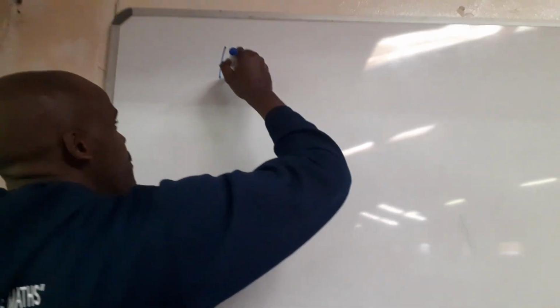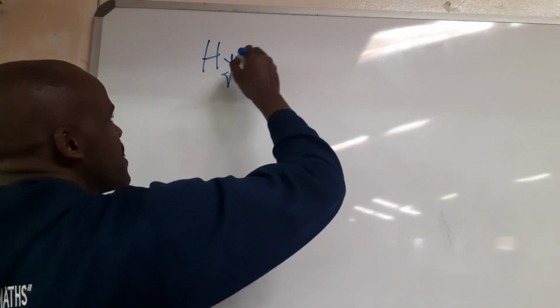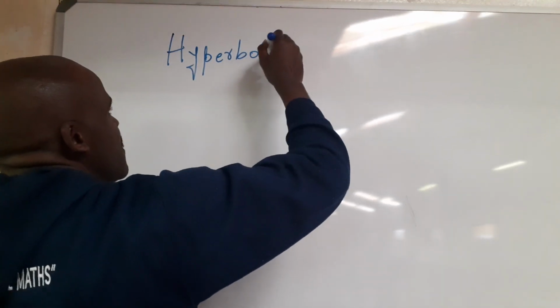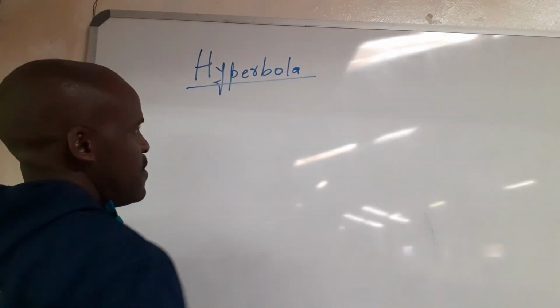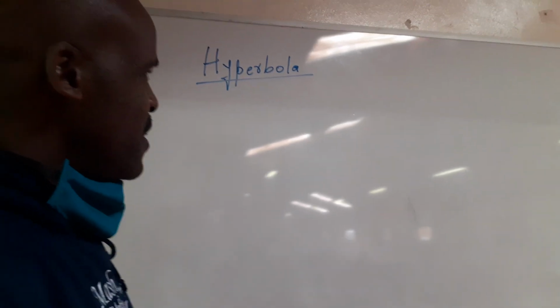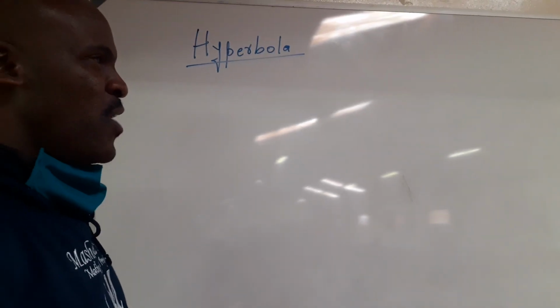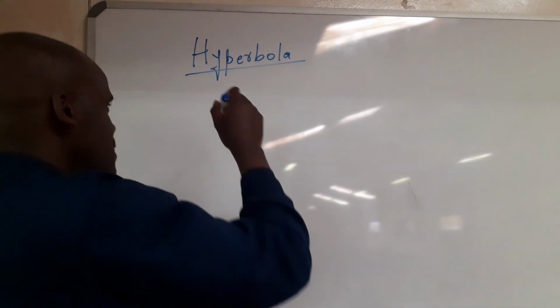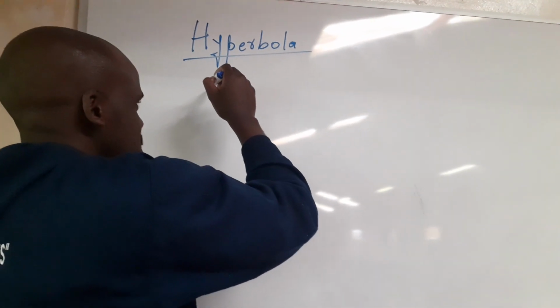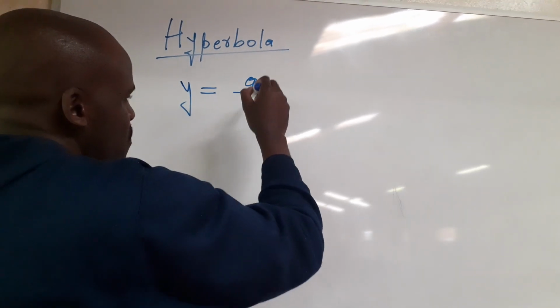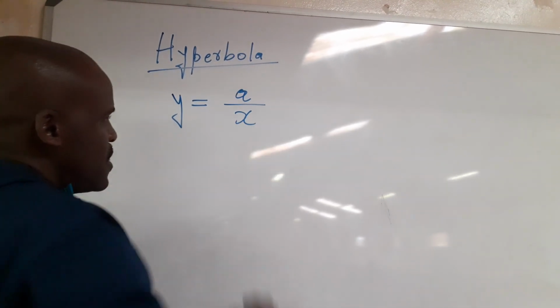Let's look at what we call the hyperbolic function. The hyperbola. This is the hyperbolic function, right? In this function, our x is a denominator. It's given by a over x.